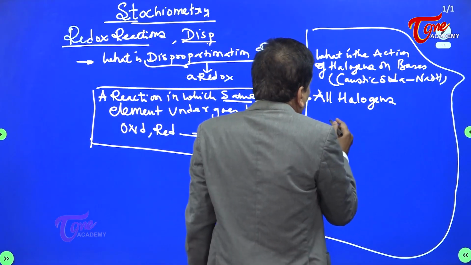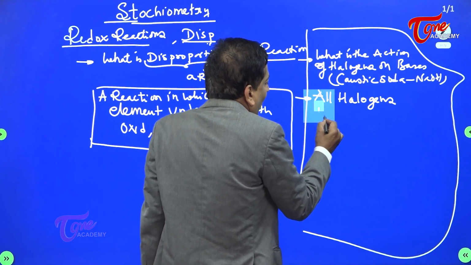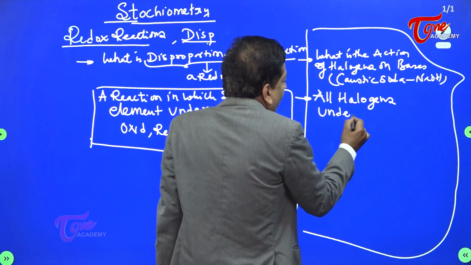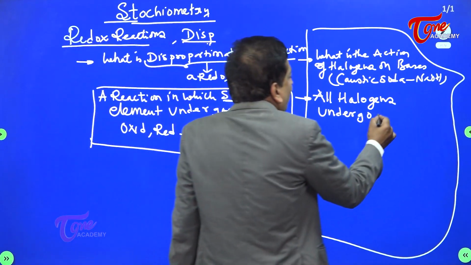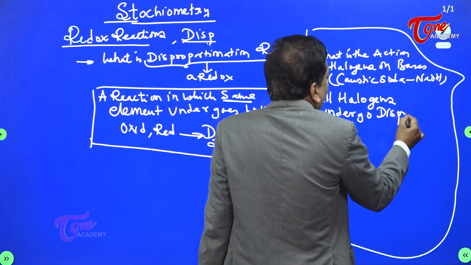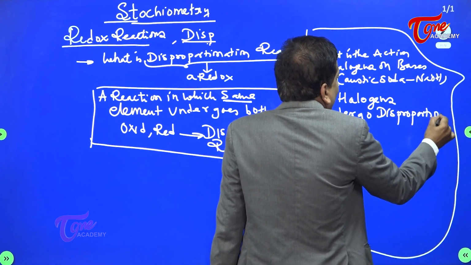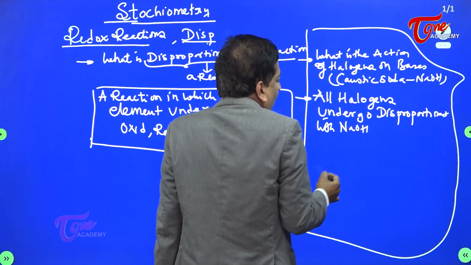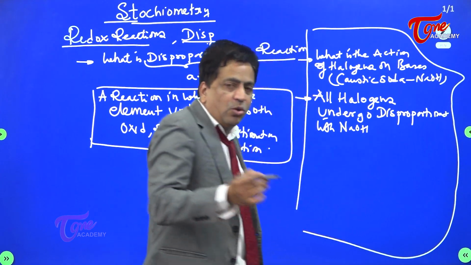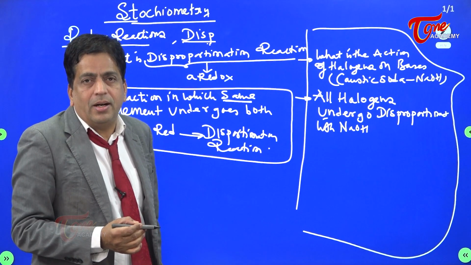So all halogens undergo the disproportionation with NaOH, with bases. And I am now dancing for a moment such that you understand properly. Let me dance.